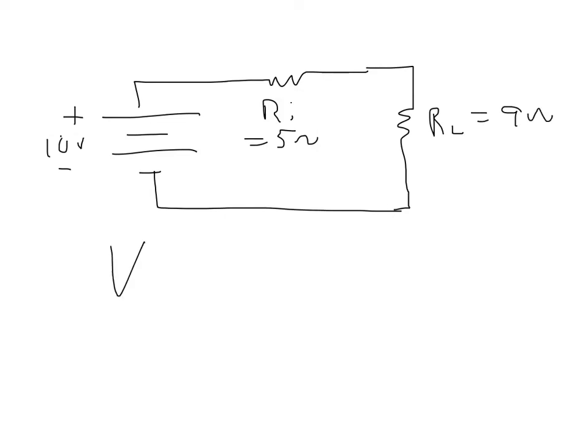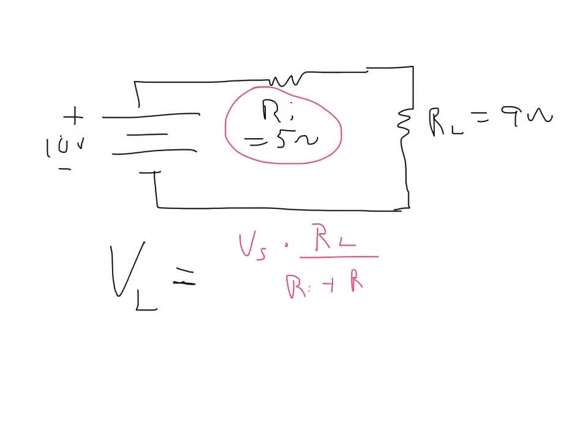So now the voltage drop across the load, which had been 9 volts a little while ago, now that my internal resistance gets bigger, that's the only thing that's changed, my voltage drop across the load is equal to my source voltage times this ratio of resistances, that's the load resistor divided by the internal resistor plus the load resistor.